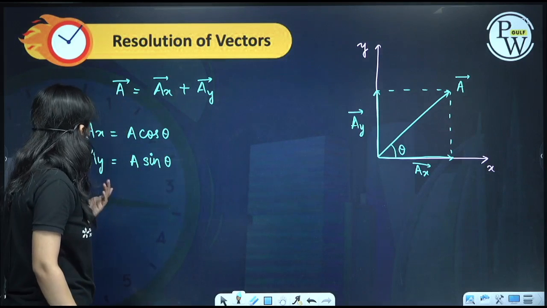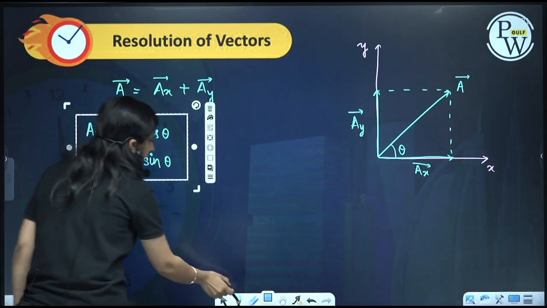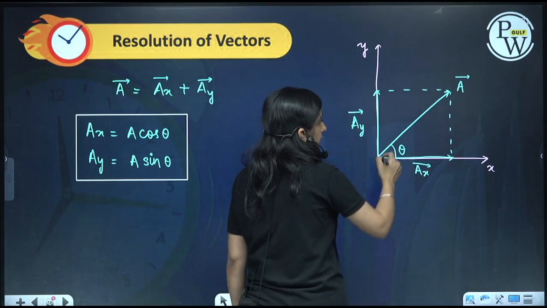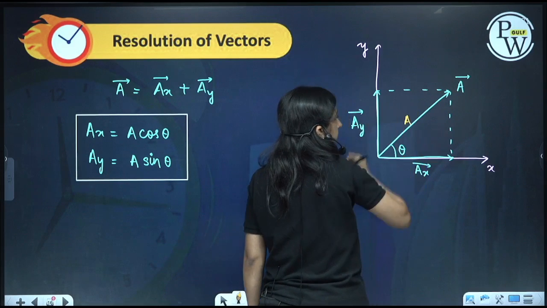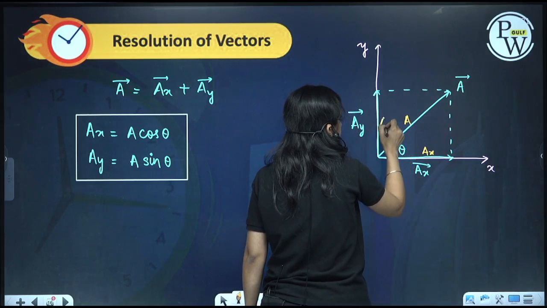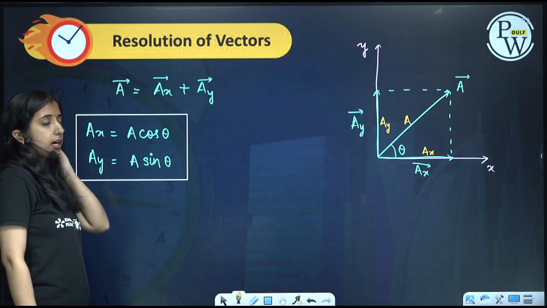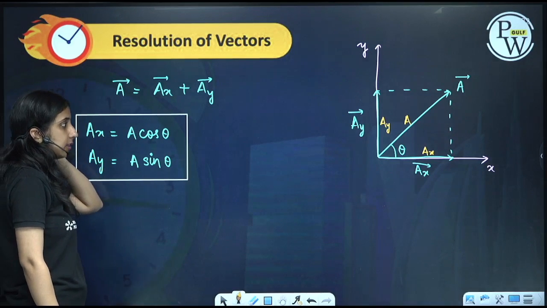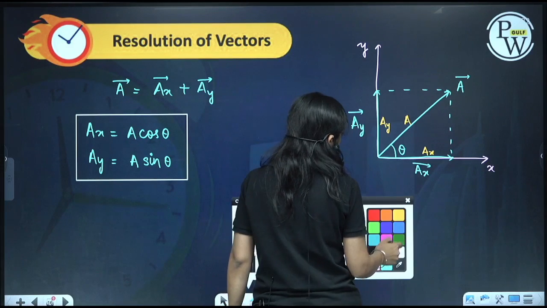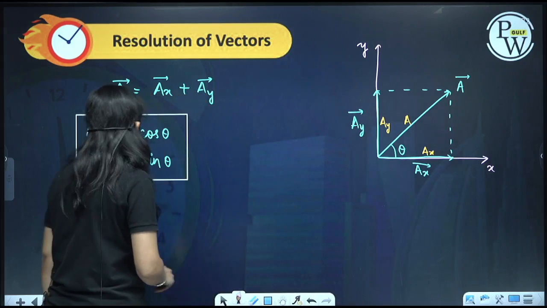If we are given vector A and we have to find Ax and Ay, the length of this vector will be A, and the lengths of these will be Ax and Ay. Then Ax will be equal to A cos theta, Ay will be equal to A sin theta. From this triangle we can calculate that, and if the opposite condition is given, we are given Ax and Ay, we have to calculate A.